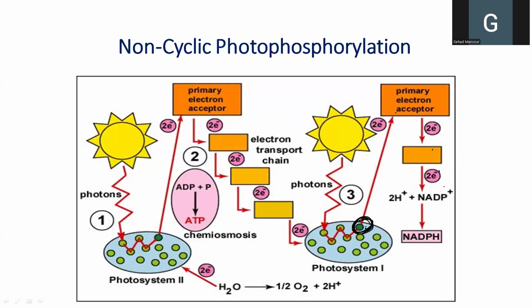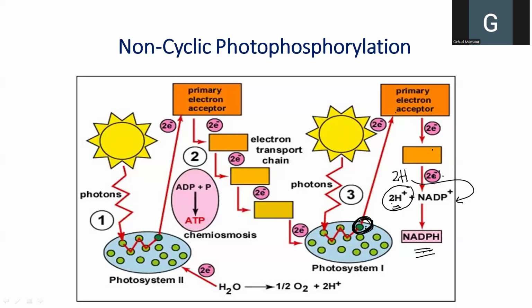And at the end of the day, these electrons, after having reached the lowermost possible energy level, refind their hydrogen ions or protons and form two hydrogen atoms, and these hydrogen atoms will result in reduction of NADP to NADPH.